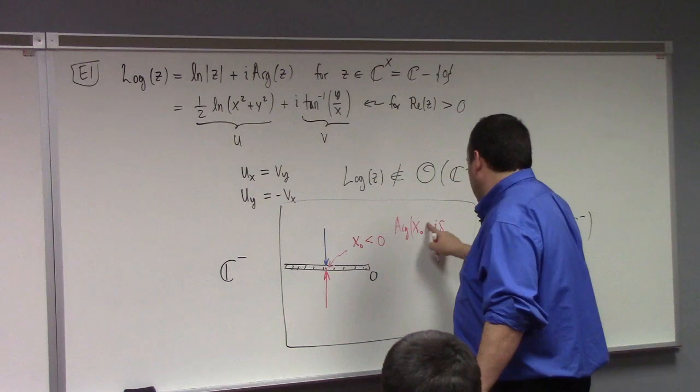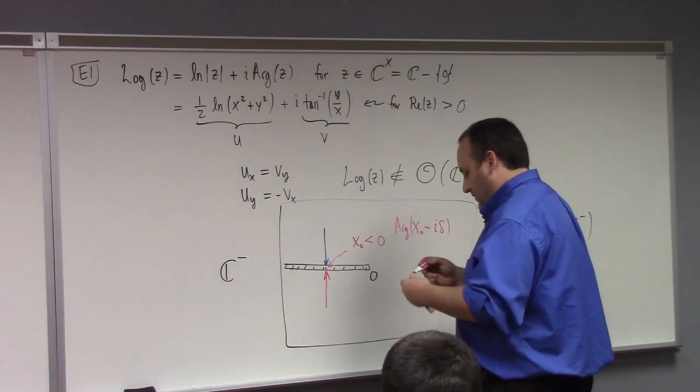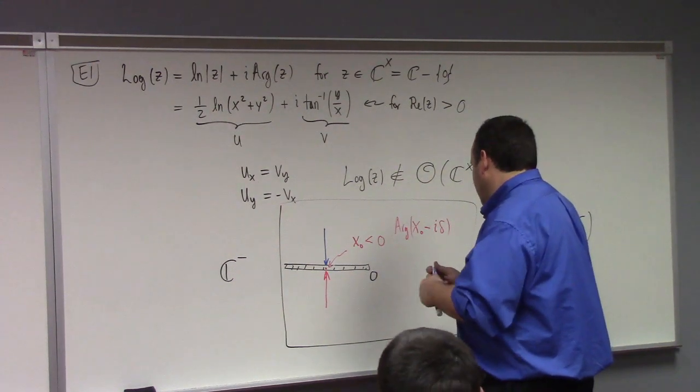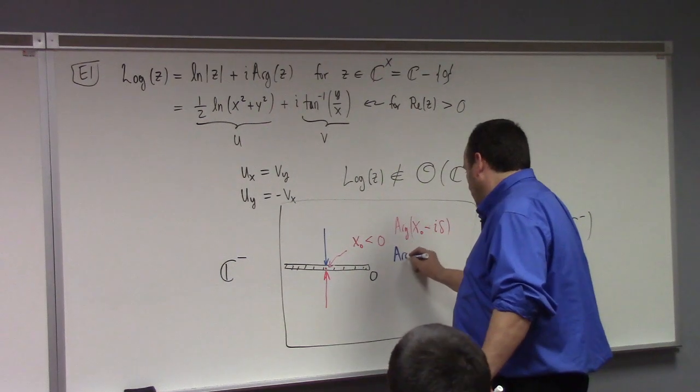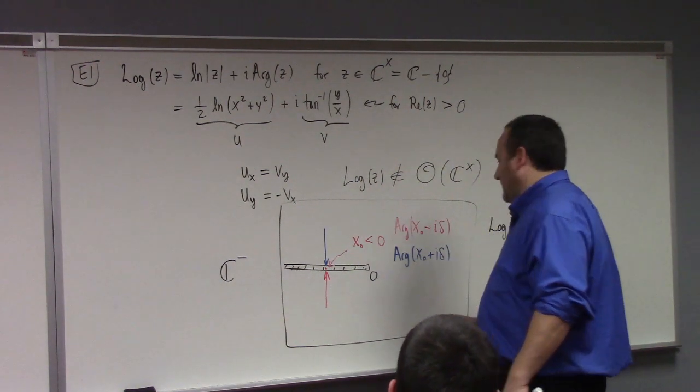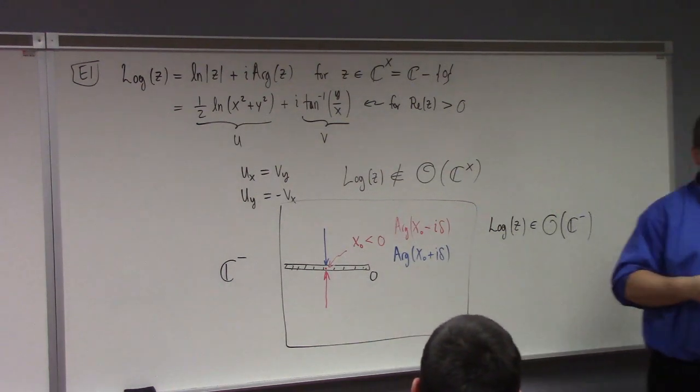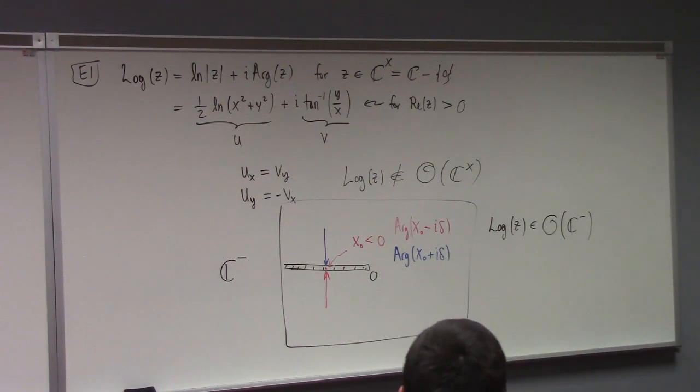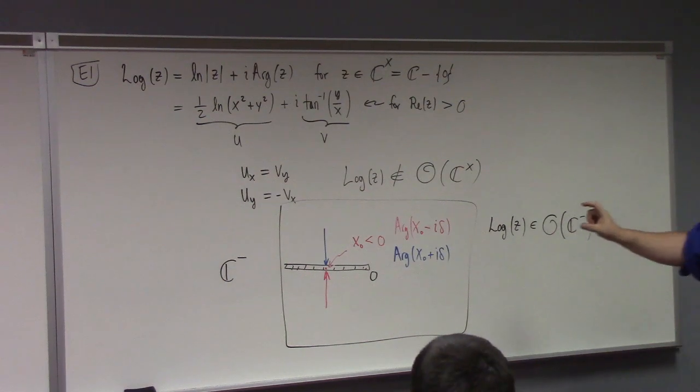I mean, put minus there in my color coding, minus i delta. Whereas if you do arg of x naught plus i delta, where I'm thinking of delta as a very, very small positive quantity for the sake of discussion, think about what happens there.